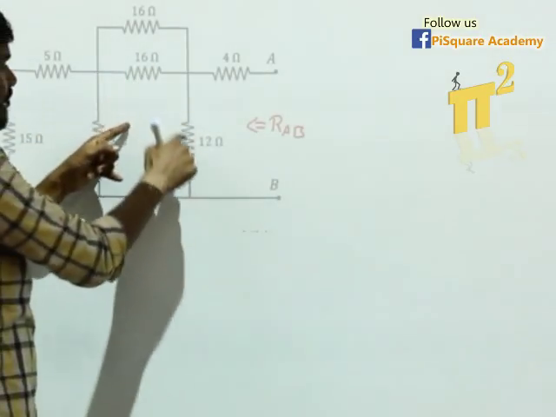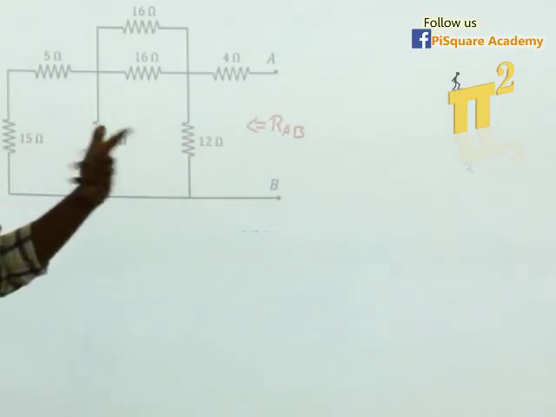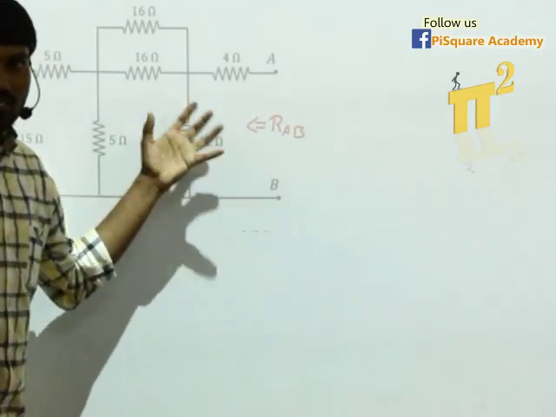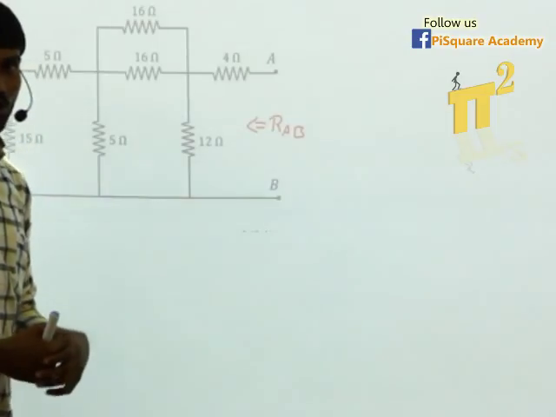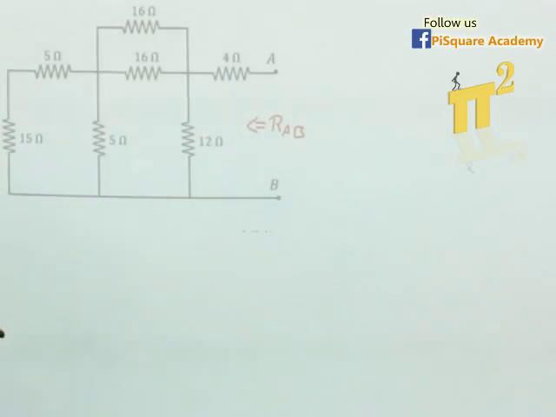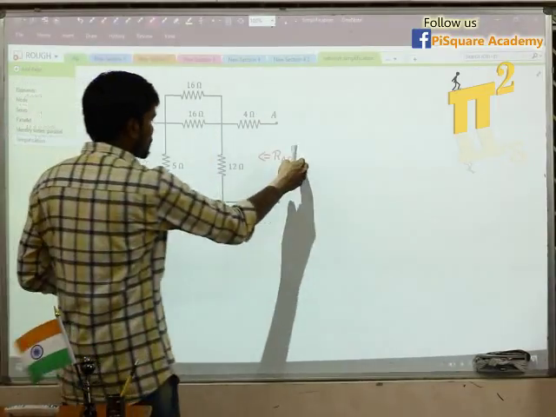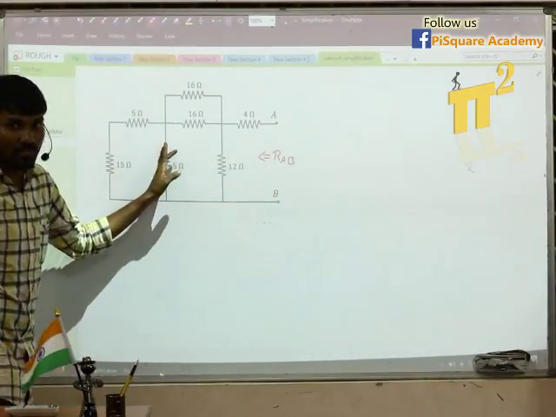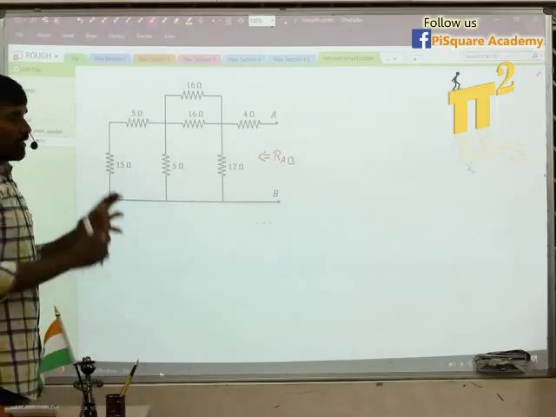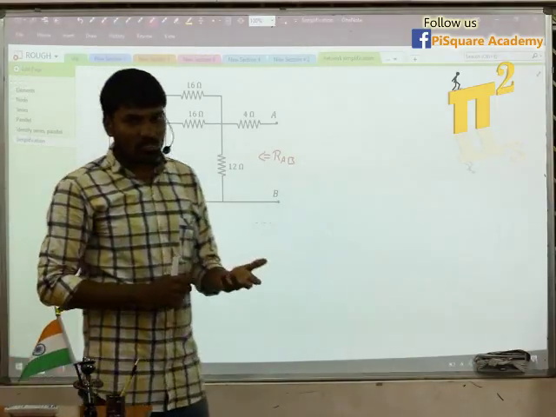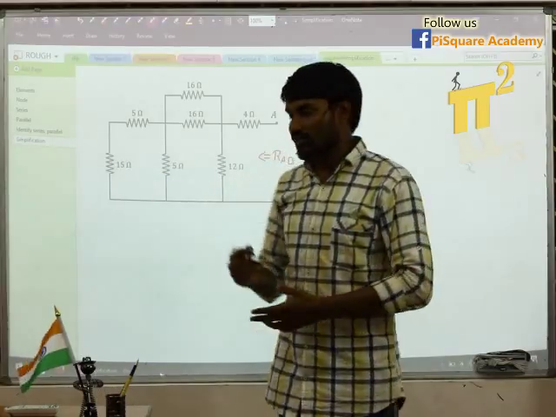If you find these two are in series, anywhere in the circuit, club them. So you may start at any point, but normally people prefer from this way. It doesn't mean we have to start from this way. You have to check whether they're in series or parallel, anywhere in the circuit.